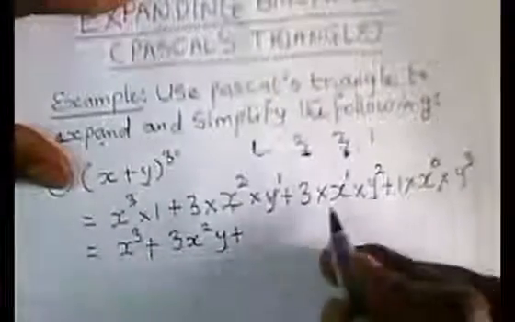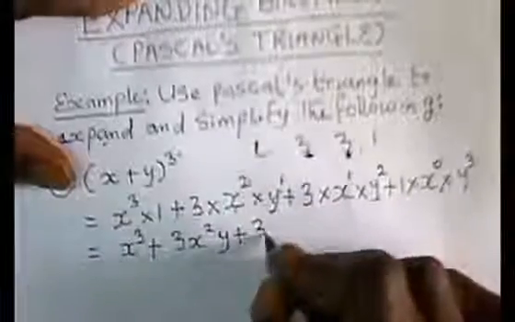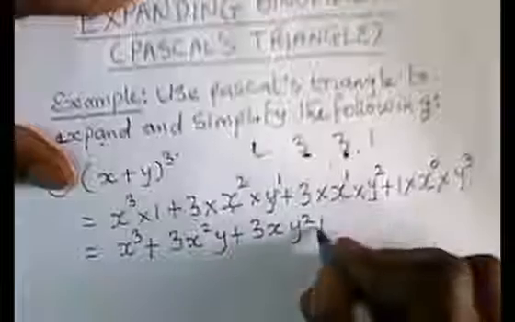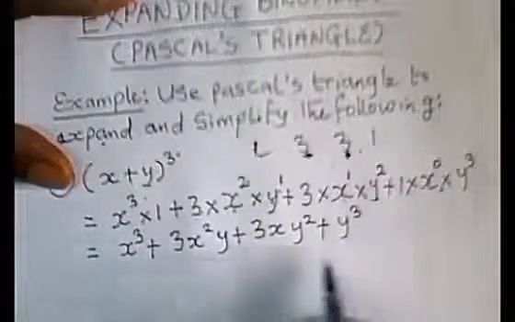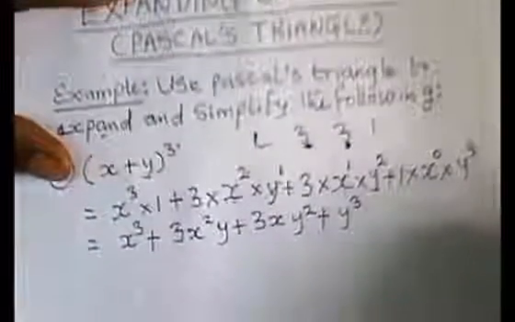Then plus 3 times x times y squared will give us 3xy squared. Then we have plus, don't forget that x power 0 is 1 from what we did before. So x power 0 is 1, and 1 times y cubed is going to give us y power 3. All right, so this is going to be the final solution to this problem.